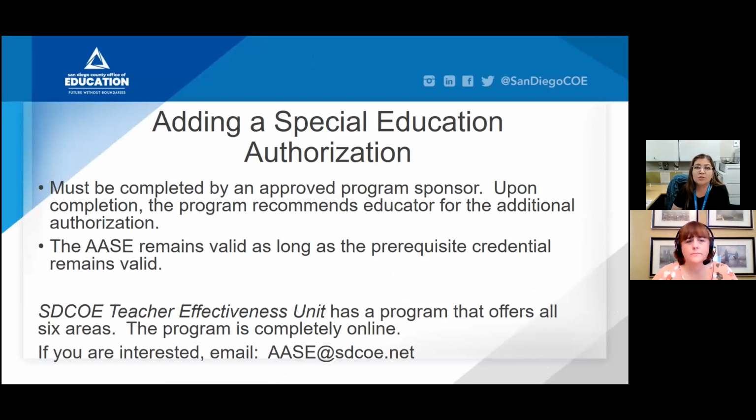So upon you completing all the requirements, you will earn an added authorization, and the teacher effectiveness unit that handles this would prompt you to get an email, and you would make the payment that way. And then you would have another authorization to your special ed credential. If you are interested in their program, their email is there. The program is completely online if you want to add anything else to your special ed credential.